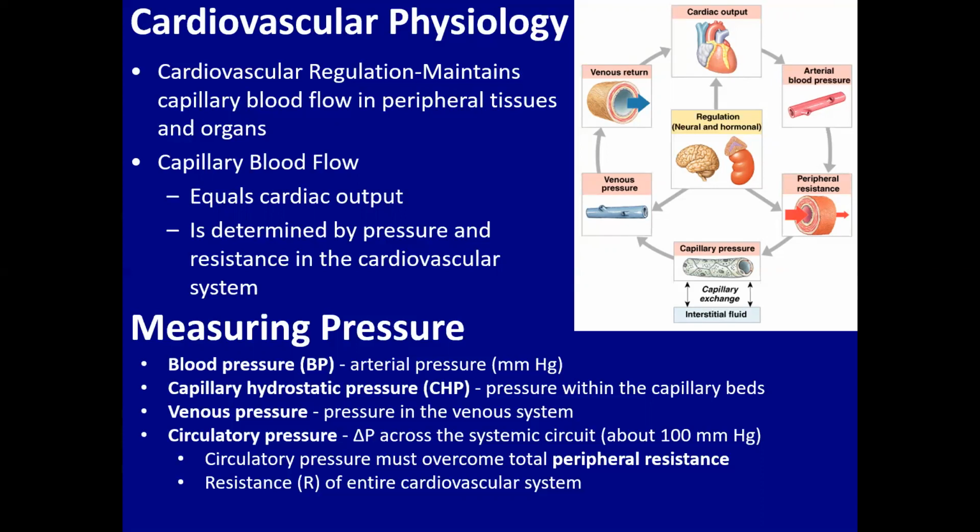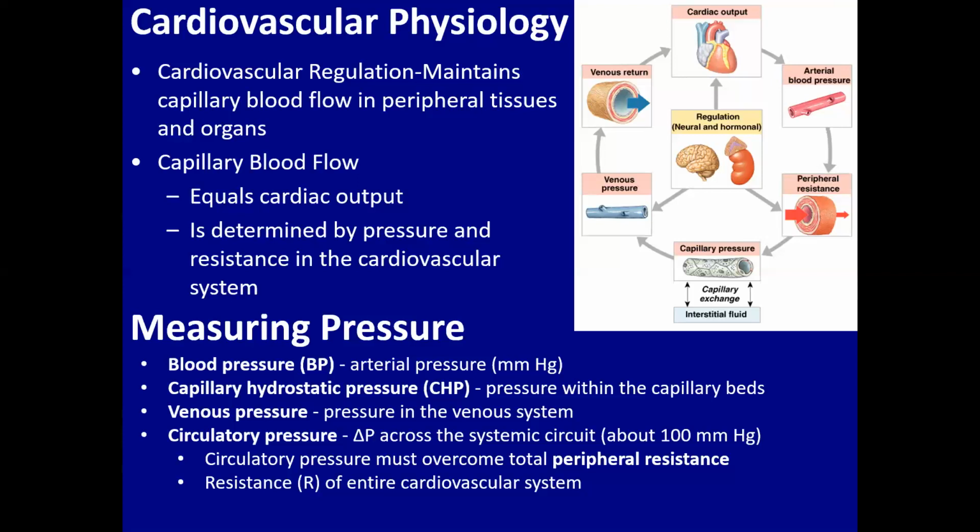From the time blood leaves the heart and goes into the aorta to the time it returns to the heart, we're looking at a decrease of about 100 millimeters of mercury. Don't worry, I'm going to show you how this works. So in order for us to have this capillary blood flow and to have venous return, our circulatory pressure has to overcome peripheral resistance.